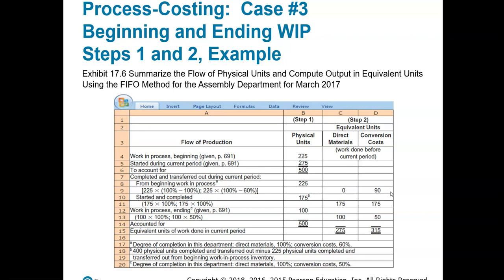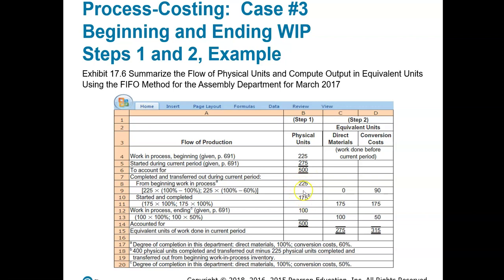So now I've accounted for the amount of work I've done from beginning inventory under first in, first out, because I'm only focused on the work done this period. Now with my started and completed units, remember I transferred out 400 units. 225 of them came from beginning inventory.